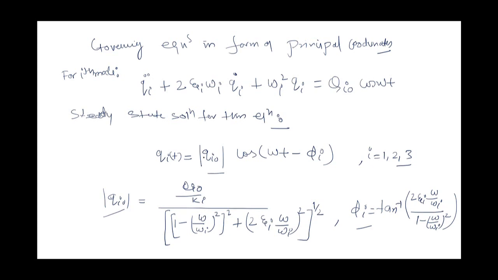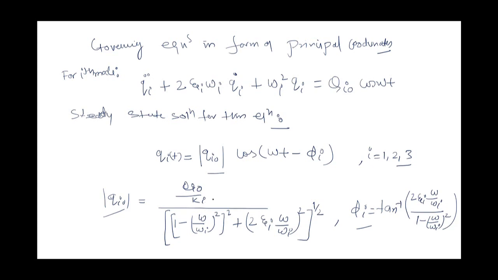For this particular example, if we replace all the values to find Q1(t), then i equals 1. So this is Q1 naught, and this is K1.